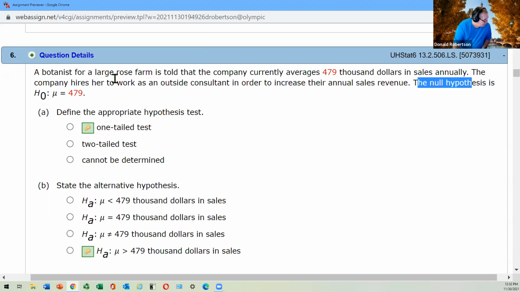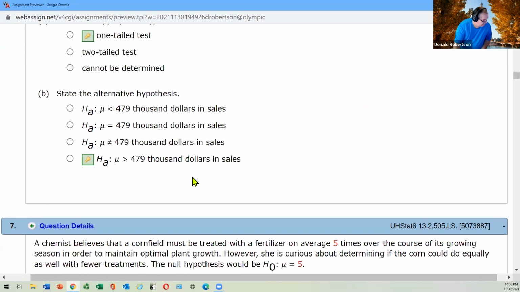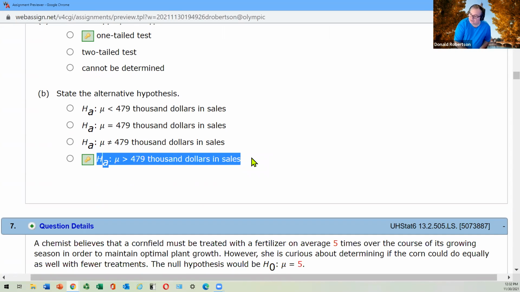So the null hypothesis is that it still stays at 475, right? You spent some money, but you never improved anything. This would be a one-tailed test. Wouldn't the alternate be she did a good job, right? She increased the profits. So how would you check that? I guess at the end of the year, you'd see what your revenue is and say, well, that didn't work out, nothing happened.